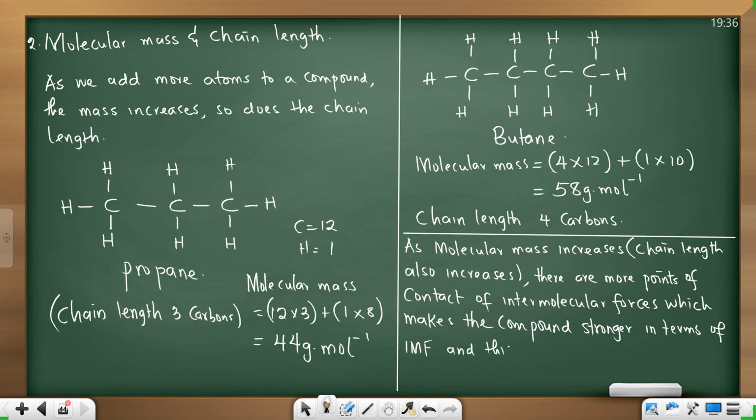And this increases the boiling point. Okay, let's add boiling and melting point, but decreases the vapor pressure.